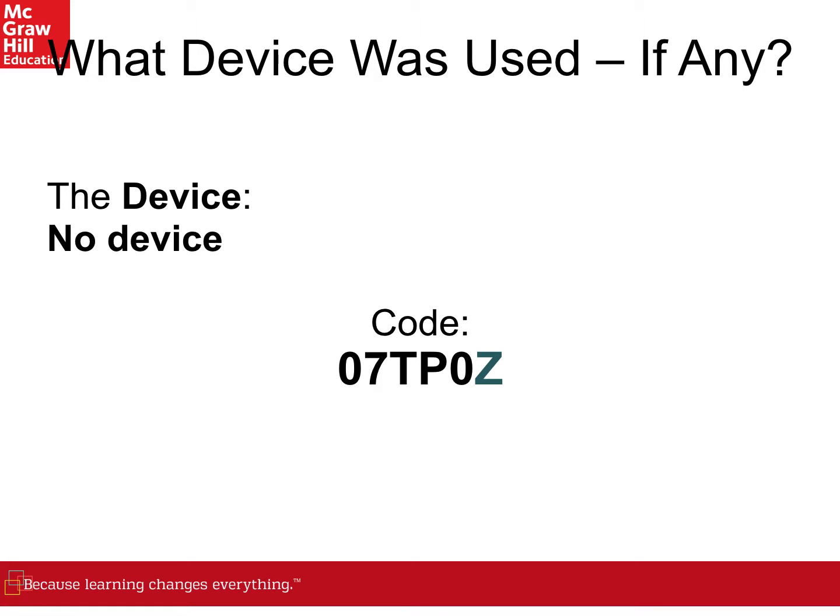You got it. There is no device used in this procedure. So we're going to use that placeholder, the letter Z, which says this is not applicable. 07TP0Z. We still need one more character. And this one, as you look at this 07T table, you will see is equally as direct.